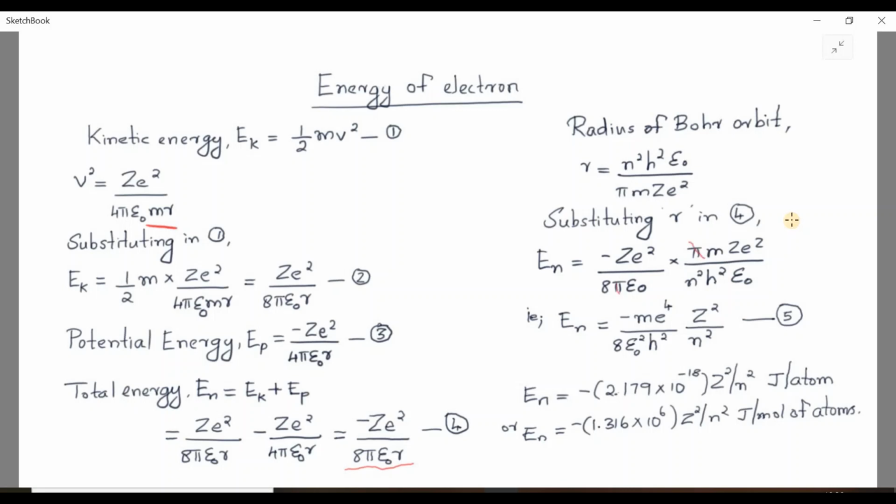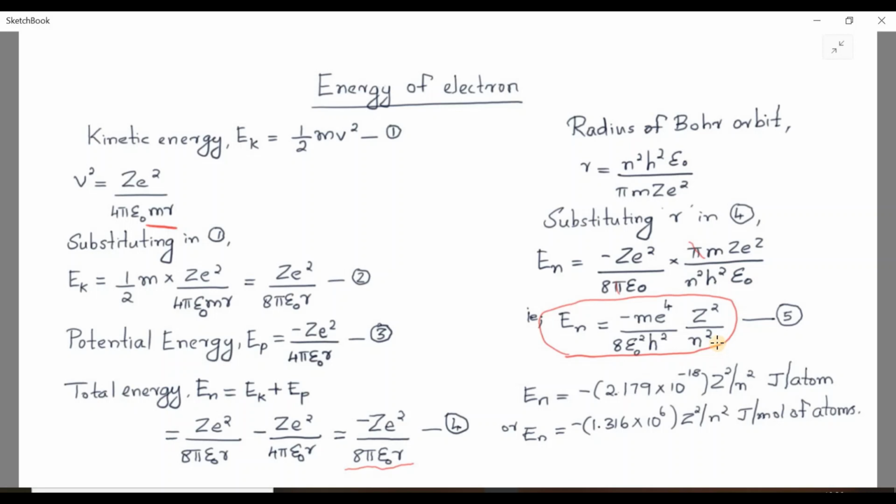Finally, we get En is equal to minus m e raised to 4 by 8 epsilon naught square h square into z square by n square. And this is the energy of the electron in a Bohr orbit of radius r. That is, E is equal to minus m e raised to 4 by 8 epsilon naught square h square into z square by n square.